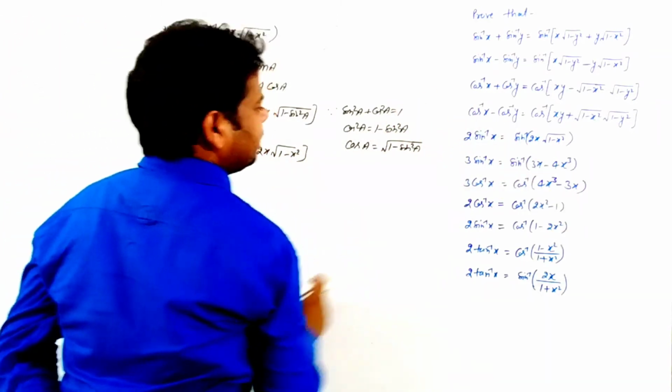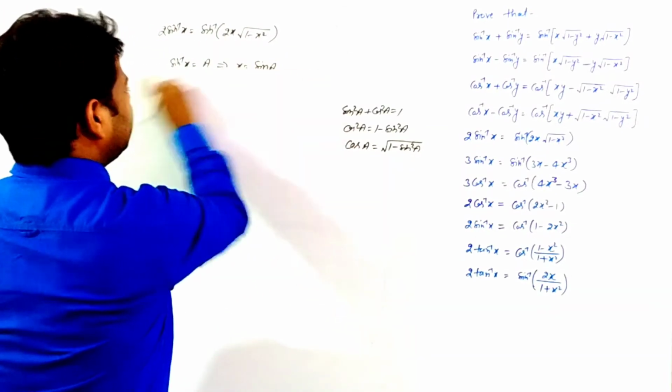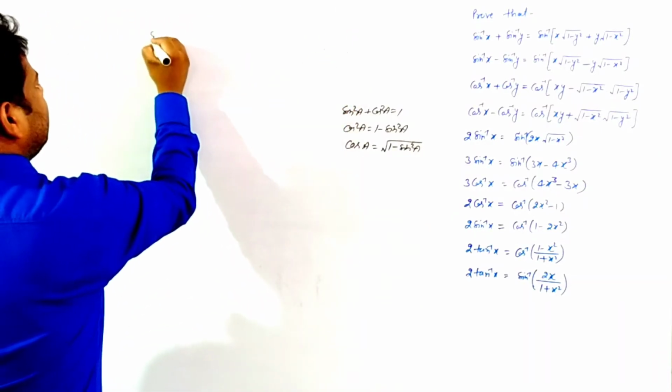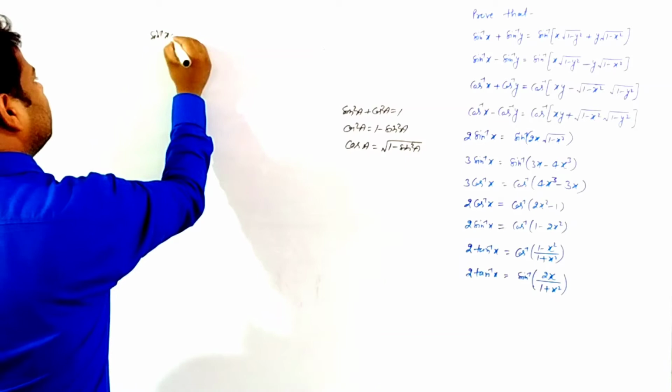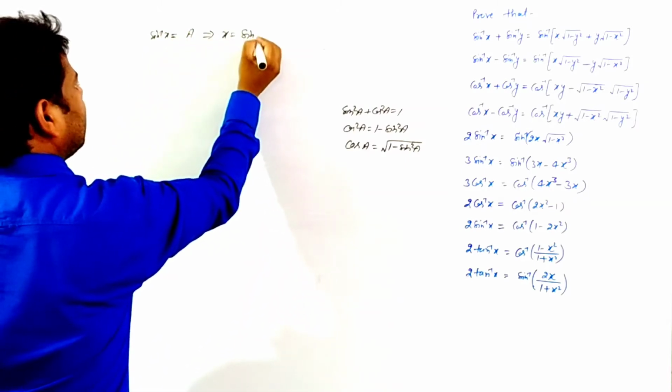And next formula, 3 sin inverse x is equal to sin inverse (3x minus 4x cube). First we suppose sin inverse x is equal to a, and that implies x is equal to sin a.